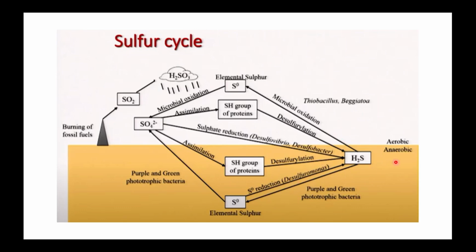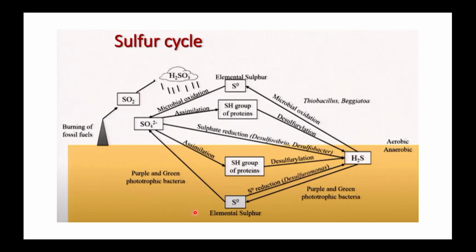They can oxidize H2S into elemental sulfur, and then oxidize sulfur into sulfate, anoxygenically, anaerobically. And aerobically, the H2S is oxidized into sulfur by Thiobacillus and Beggiatoa, and the sulfate is reduced by Desulfovibrio into H2S. There are Desulfuromonas which can anaerobically reduce the sulfur into H2S. Okay.